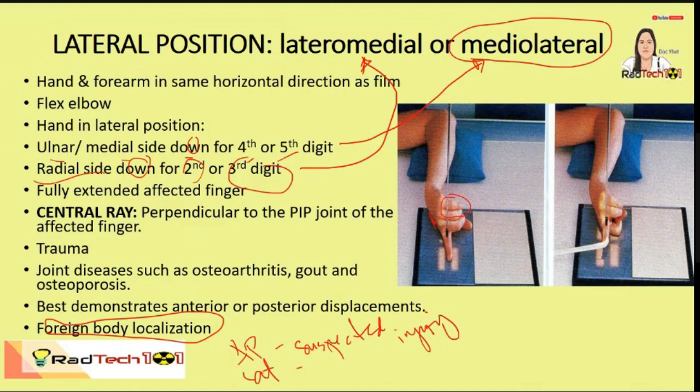So ang gagawin natin, so we will reverse the position where the ulnar side will be near the cassette. Okay? Sige. So I hope that is clear.